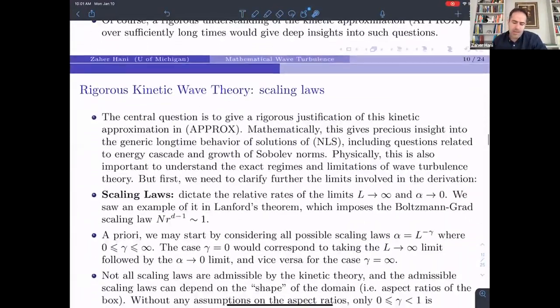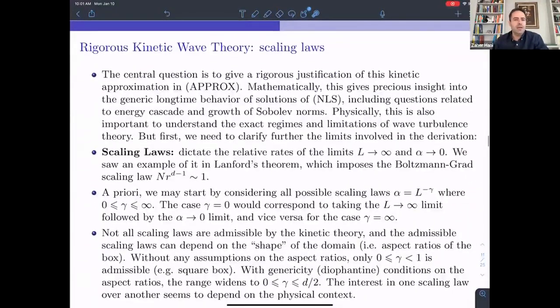So the reason why I said that the approach to the wave kinetic theory or wave turbulence theory from the math community has been indirect is that the central question was only addressed much later, only in the past few years. And the central question is, of course, to give a rigorous justification of the kinetic approximation.